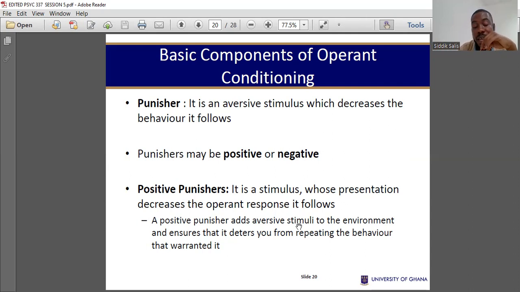So the person did something and then you cane the person. That's positive punishment. Or you made a person carry a stone. See, addition. You're adding something unpleasant.